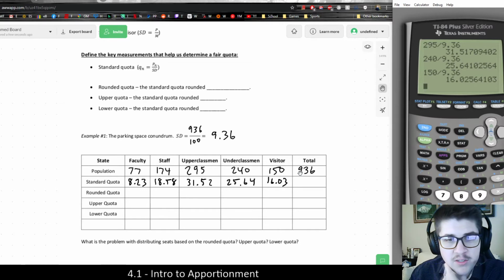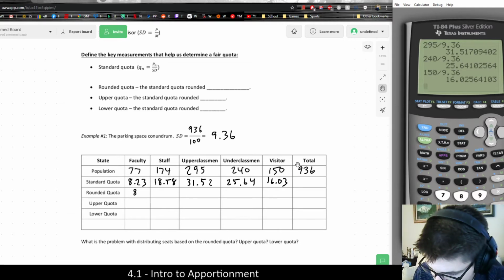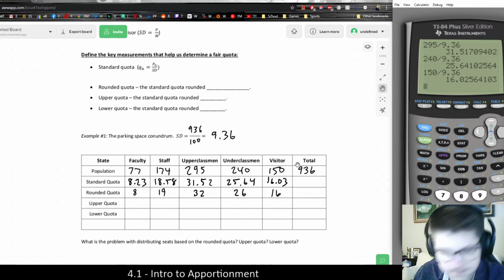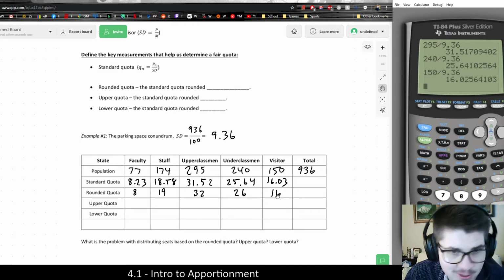So what if we were to round them conventionally? So 8.2 would round down, 18.5 would round up, 31.5 would round up, 25.6 would round up, and 16.03 would round down. And so you might say, well, let's just give each of those groups this many parking spaces. Cool. Done. Issue's over, right?